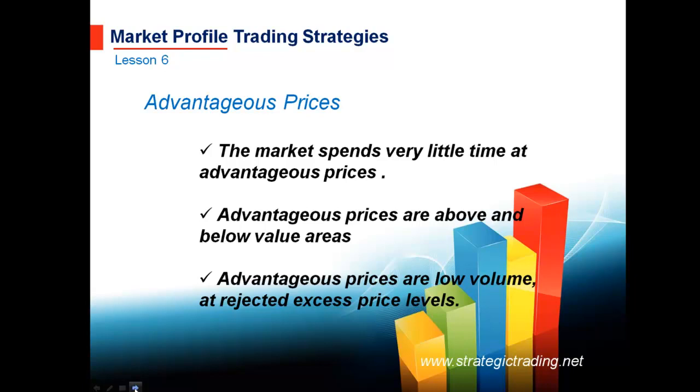And so this is when the longer term player comes into the picture, and usually they're able to move the prices very quickly in one direction or another with a fairly low volume, because there simply isn't the level of two-sided trade that takes place when we are within the value area or around fair price. So advantageous prices are low volume at rejected excess price levels. So in other words, they exist at the extremes of our profile.